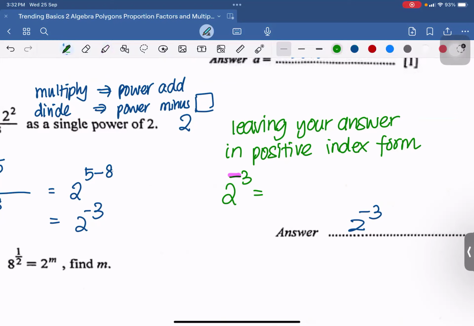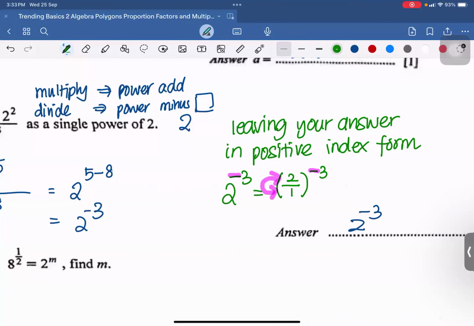It means I need to flip this. This number 2 is actually 2 over 1, to the power of negative 3. So if I want to get rid of the negative power, what happens to my number? Half. Yeah, it becomes half.